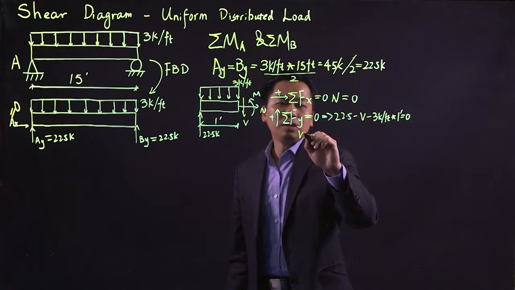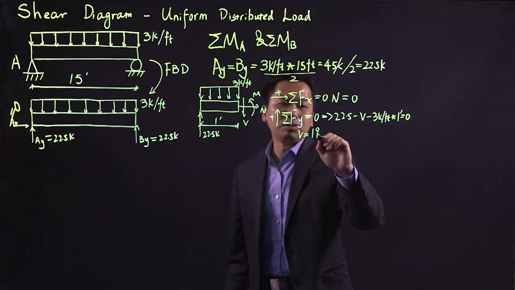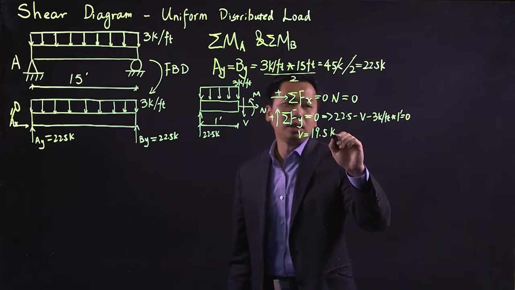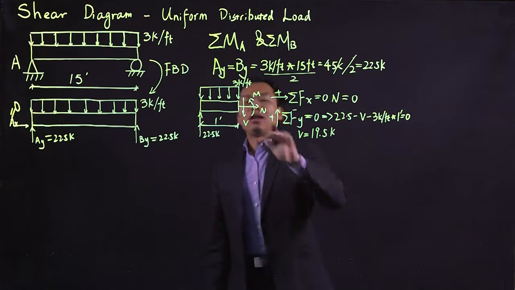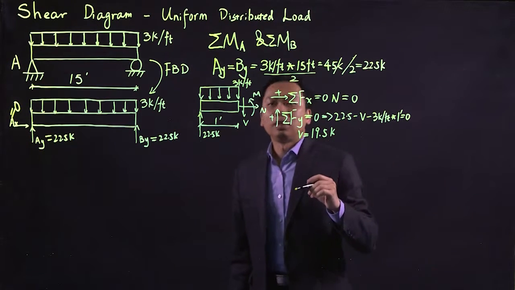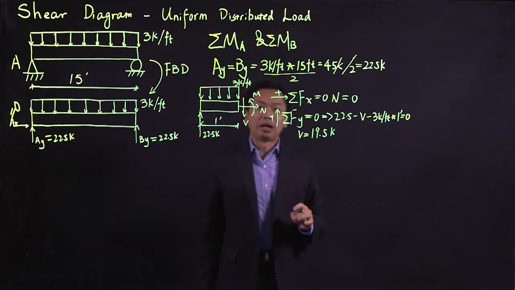Then our shear is equal to 19.5 kips. For now, let's just ignore the moment, since we're only talking about the shear diagrams.